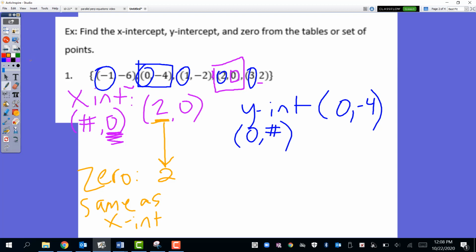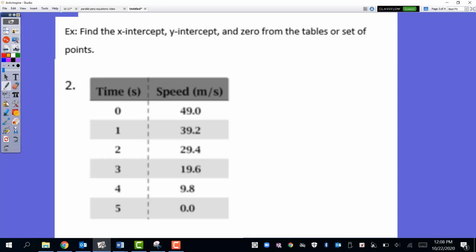Okay? All right, let's look at it in a table. In this table, I know it says time and speed, but really that first column is going to be your x, and the second column is going to be your y. We're going to do the x-intercept first.